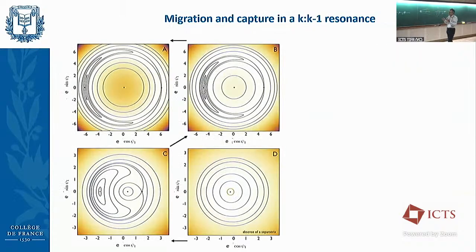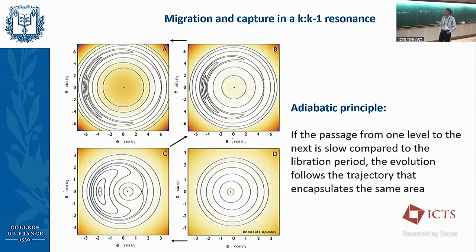We can try to be a little bit less heuristic, go back to our diagrams, and to understand what happens in the capture or in resonance, we can use a principle of dynamics, which is called the adiabatic principle.